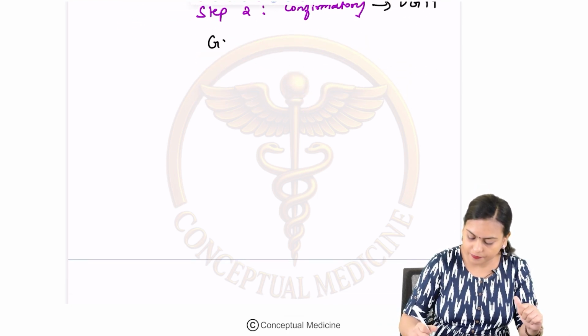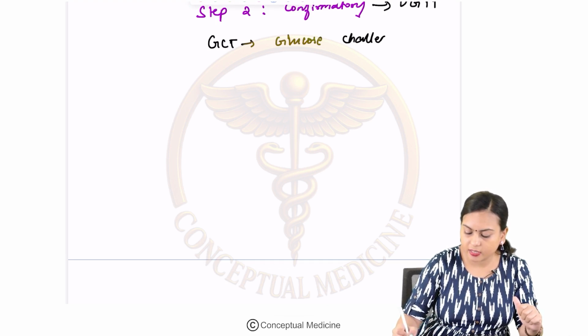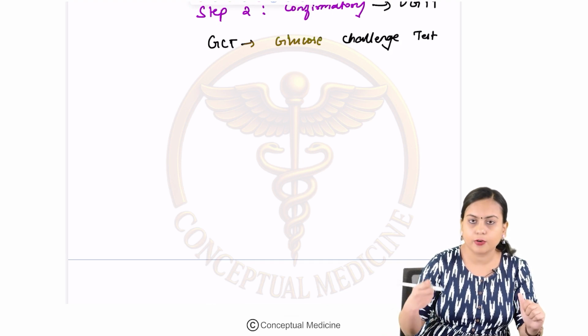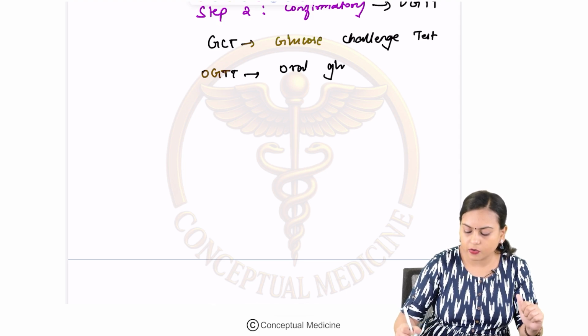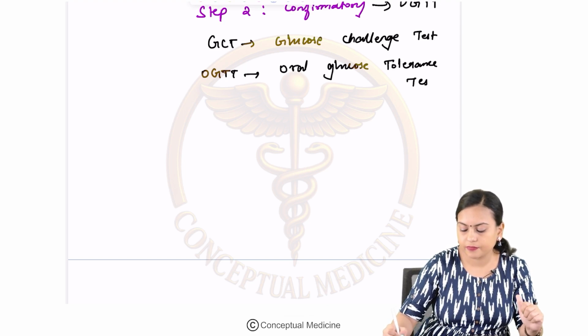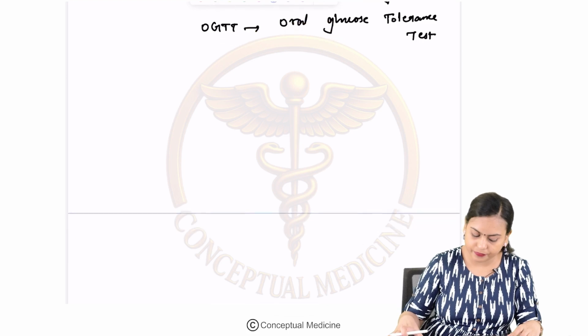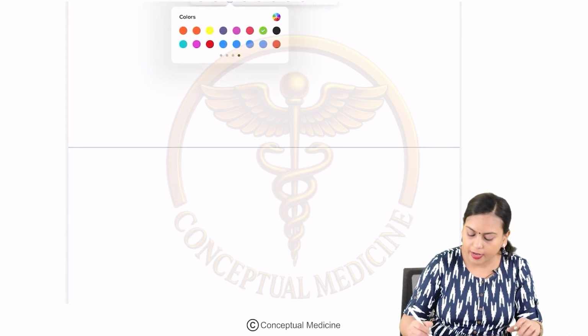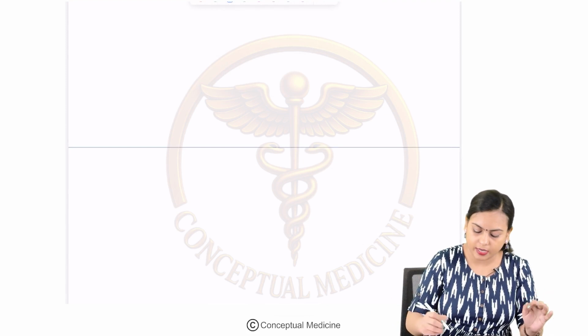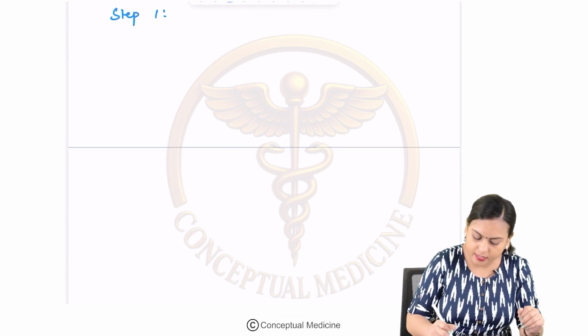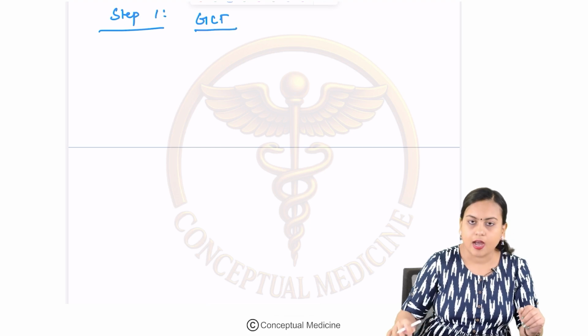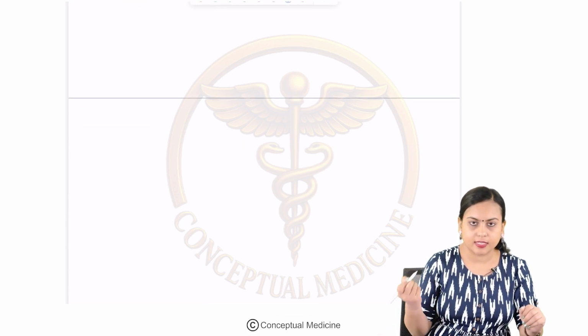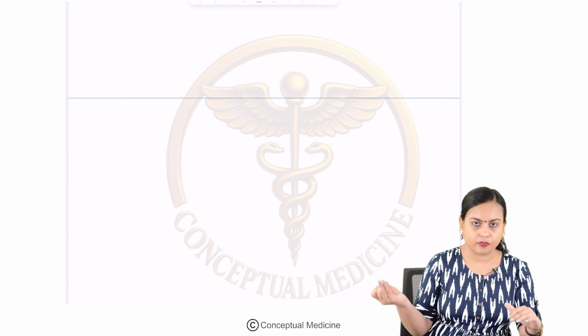So, what is GCT? It is glucose challenge test. What is OGTT? It is oral glucose tolerance test. Clear? Now, we'll see how I am performing these two steps. For step 1, that is GCT, I'll be doing this test around 24 to 28 weeks of pregnancy.